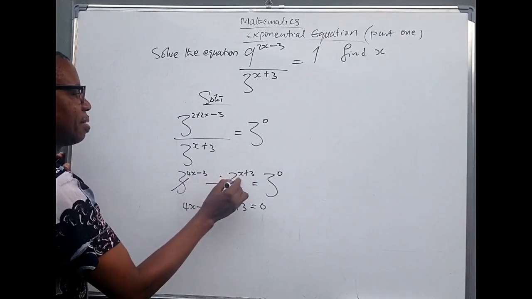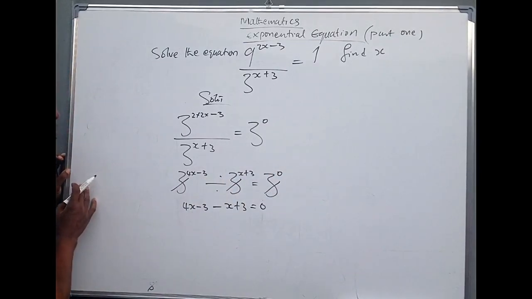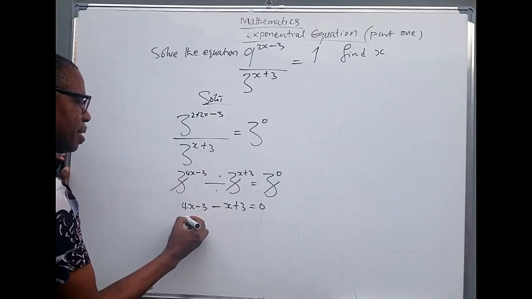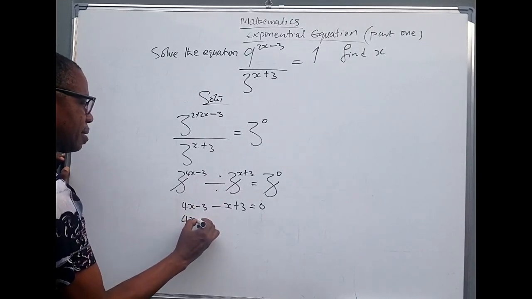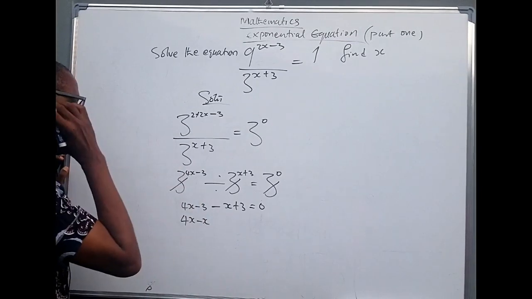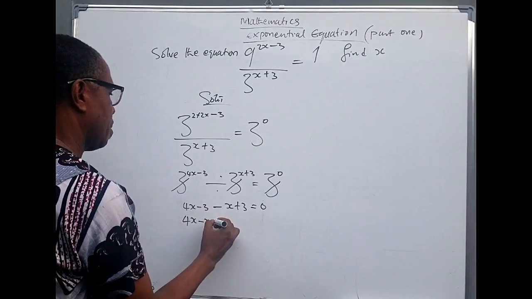So these guys are going out. I've taken only the powers. If you look at it, I'll arrange it properly. So I have 4x minus x, then I now have minus 3.